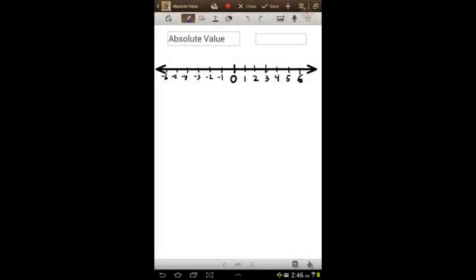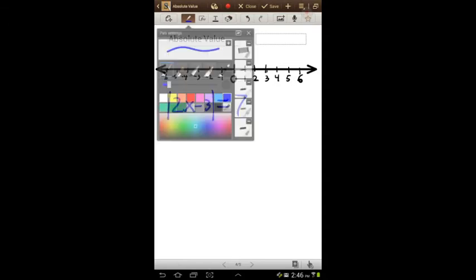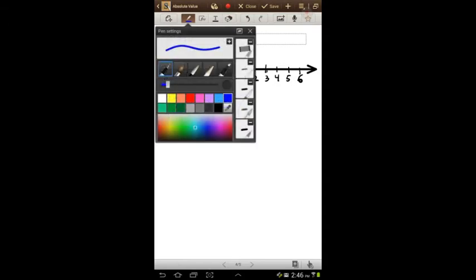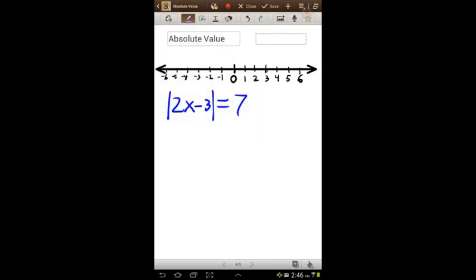This time, let's do 2x minus 3 in absolute values equals 7. Okay, again, we're going to treat what's inside the parentheses, we're going to keep that together and just treat it as one solid thing at first.